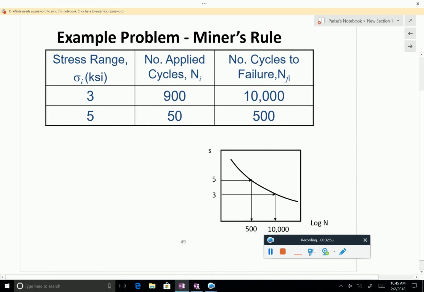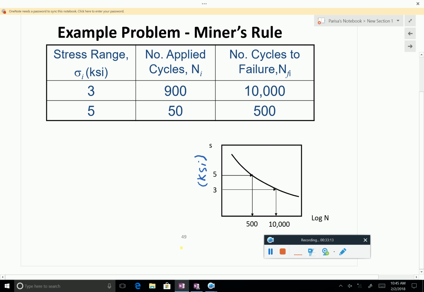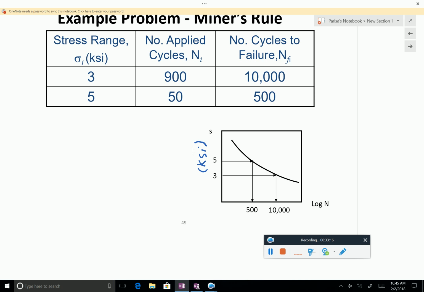So here, we want to see, if you have this SN curve, whether this material is going to fail. We know that at 3 KSI, so here stress is in KSI, we have 900 repetitions.